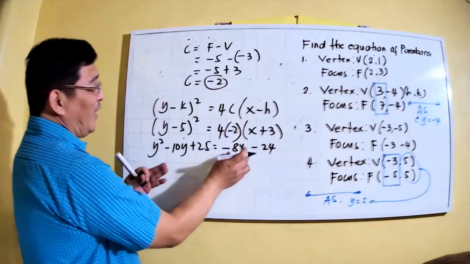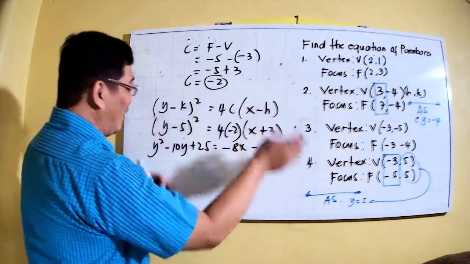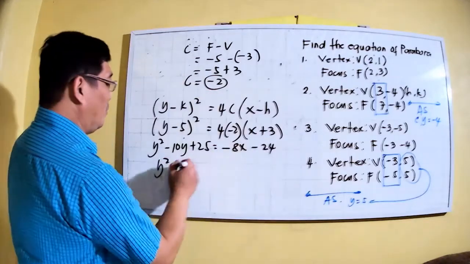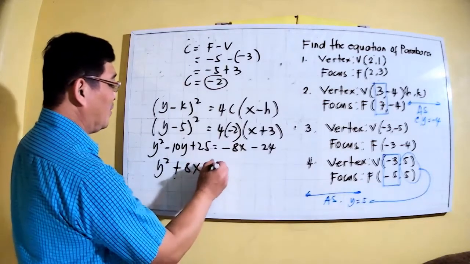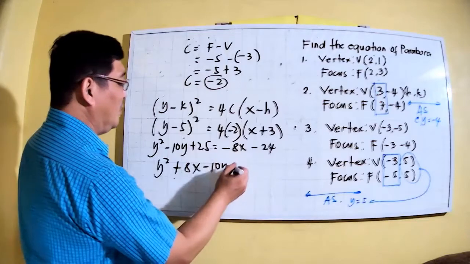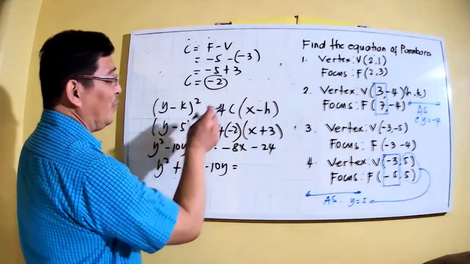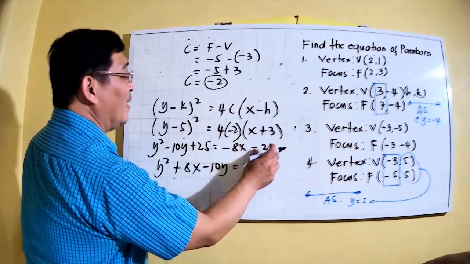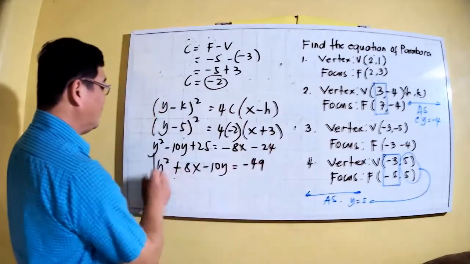Now, transpose the x here, x with x variable at the other side, and the constant to the other side. We have y squared plus 8x minus 10y is equals to 25, it becomes negative 25. We're going to transpose here. Negative 25 plus negative 24, we have negative 49.